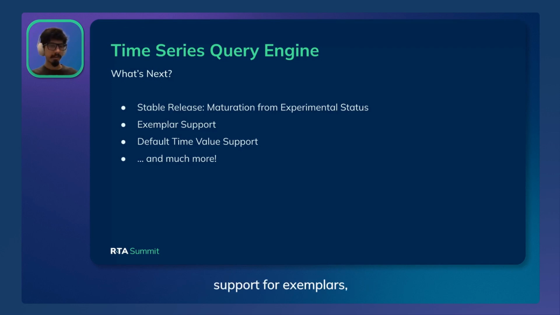And we'll be adding support for exemplars, which are a very popular feature in Grafana and in a bunch of other visualization tools. There are some minor implementation features, and there's a lot more coming, but I'll probably share them in a future talk maybe.